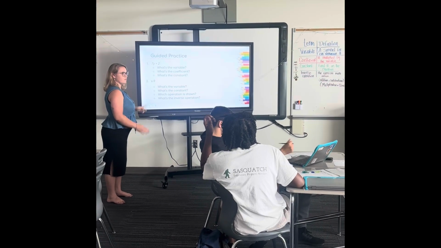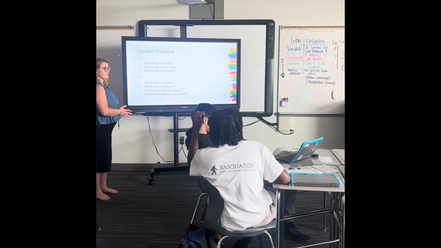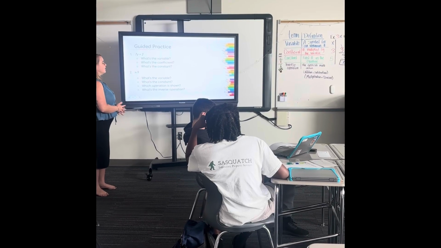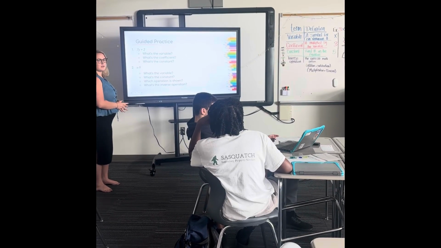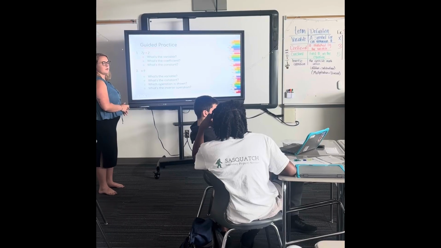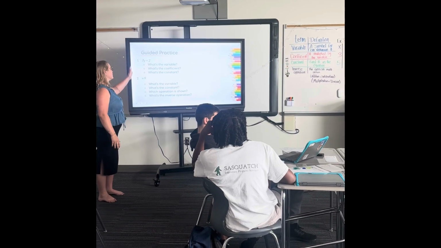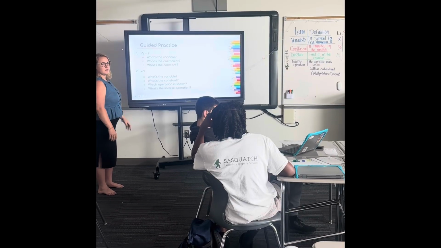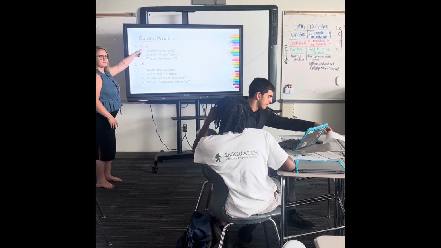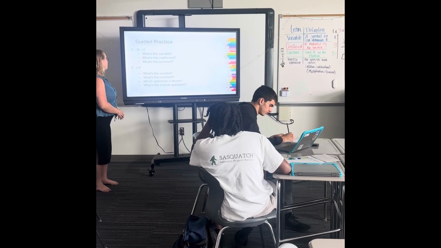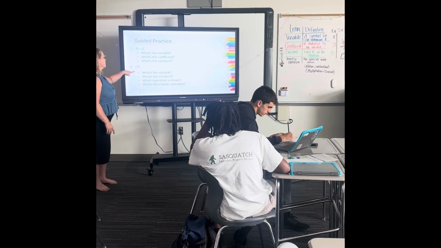Remember the coefficient is in front of the letter? 7, right? And then, DeMarcus, what's the constant? The constant is the number that doesn't change. So 2. Okay.